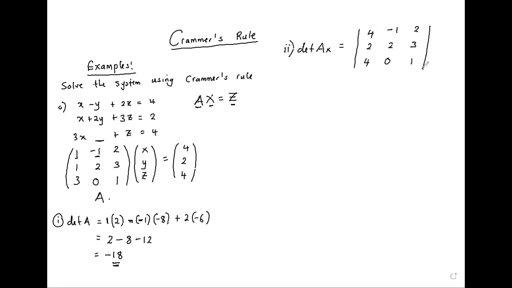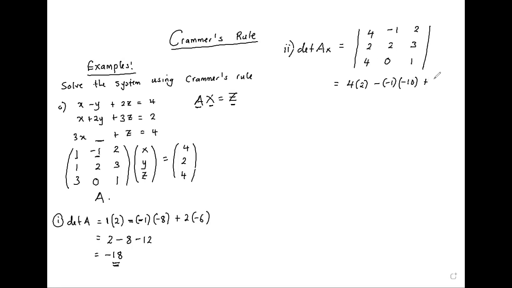Okay. Then we get the determinant here. Again, we go for the first row, 4, then cancel, cancel. Then you get 2 minus 0, so we'll have 2 there. And then minus 1, and then cancel, cancel. We have 2 minus 12, which is minus 10.